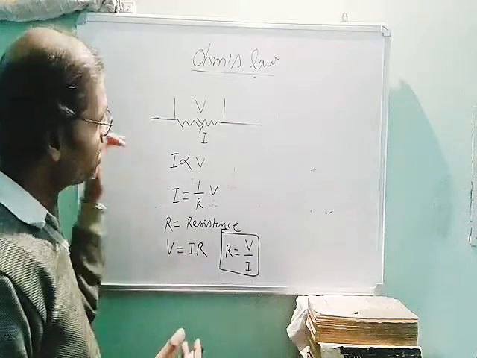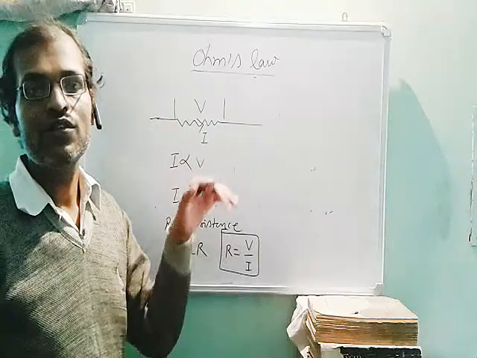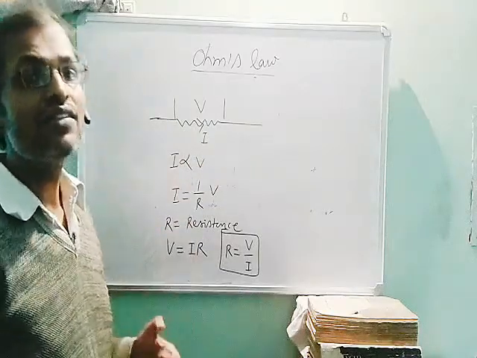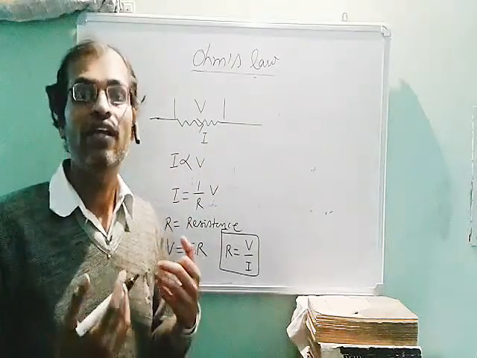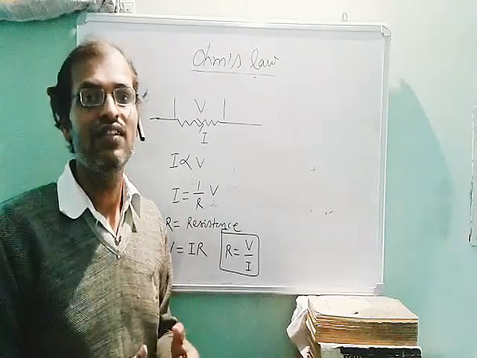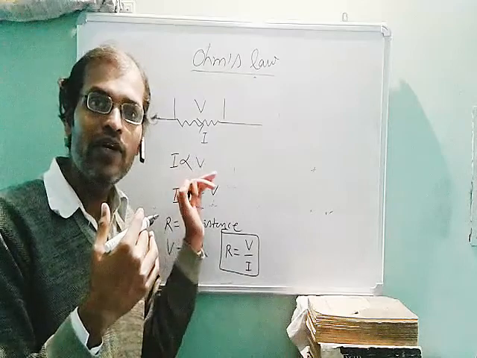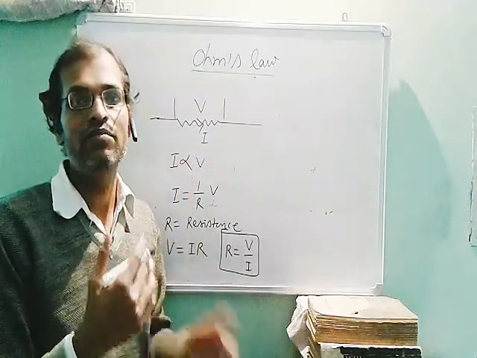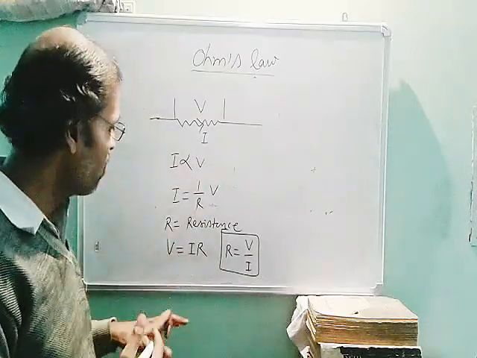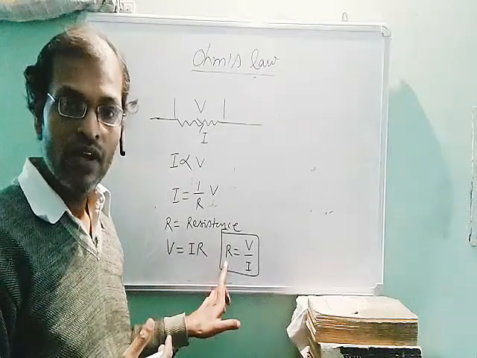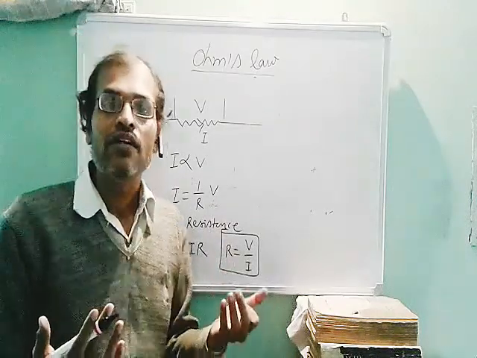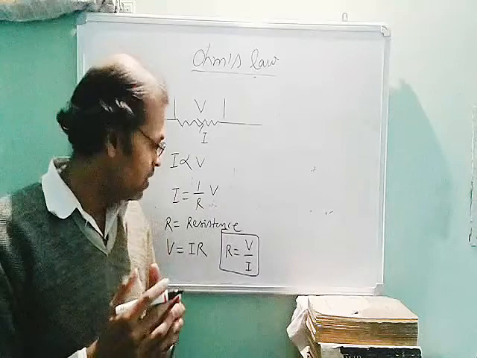Something that resists the flow of current is called resistance. Resistance is the property of a metallic conductor that resists the flow of current. जो current के flow में बाधा उत्पन्न करता है, something that resists the flow of current will be called resistance. Greater the resistance, less will be the current.